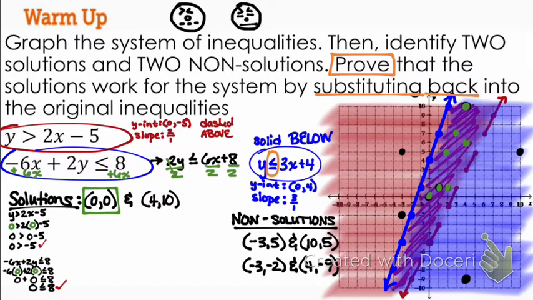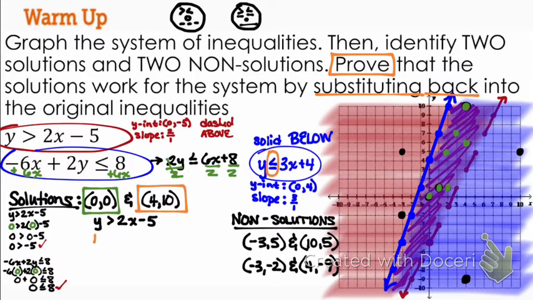Let's test 4, 10. There seemed to be some skepticism about us choosing that point because it was right on the edge of our graph. Let's substitute it in and see if it works. My first inequality is y is greater than 2x minus 5. Be careful before you speak. What are we putting in the place of the y right here? 10.